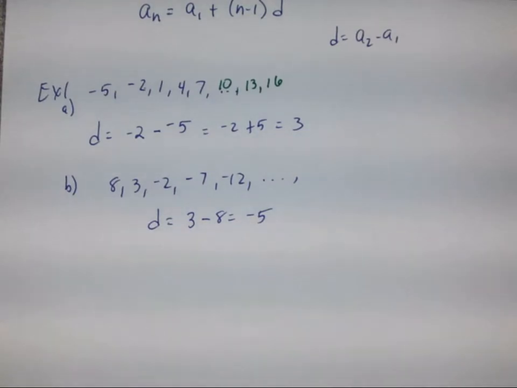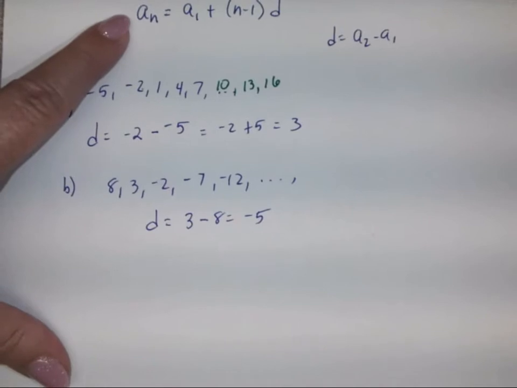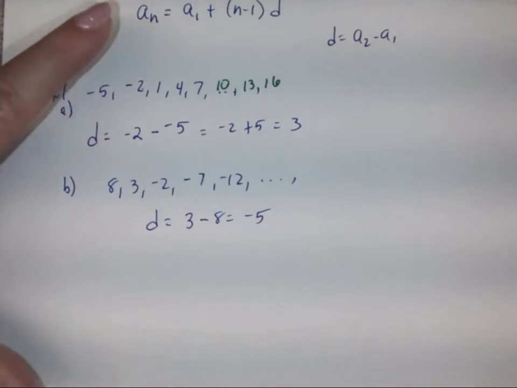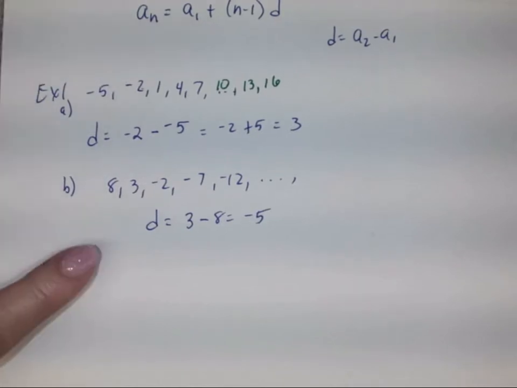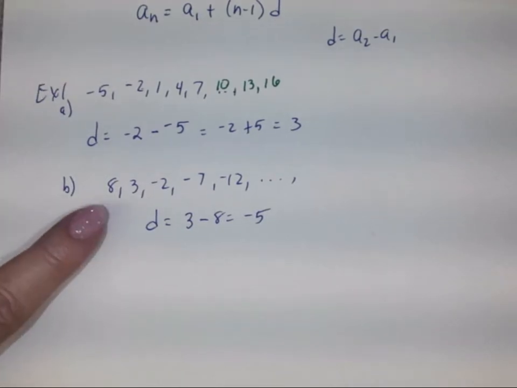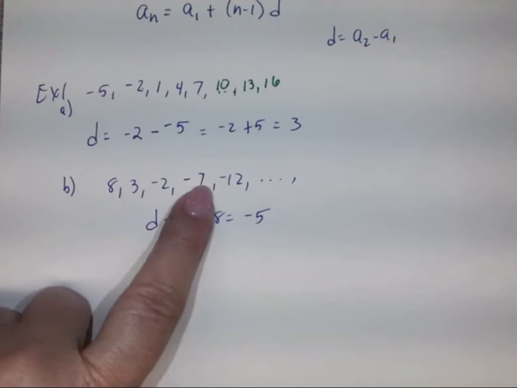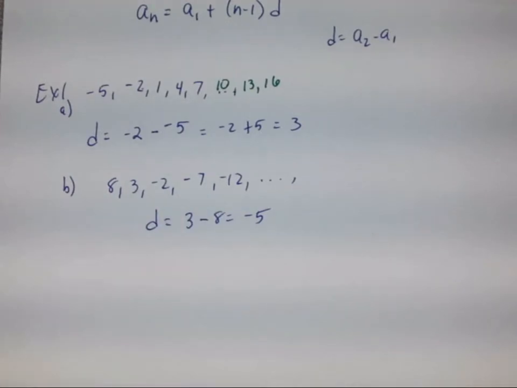You want to make sure you check it to make sure that everything's going correctly. So let's use our general formula and look at finding a term. We'll use this one here. Let's find the fourth term. We know what it is, but I'm going to show you how the formula works.